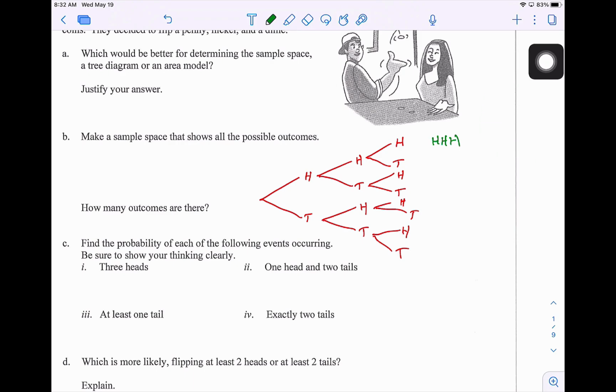Okay, and if you think about it, I'll put the probability right next to it. What's the probability of heads versus tails? 1/2 versus 1/2, right? Every single one of these branches has a 1/2 on it. I didn't put it in there because I didn't want it to get overly cluttered, but every single one of these branches would have a 1/2.